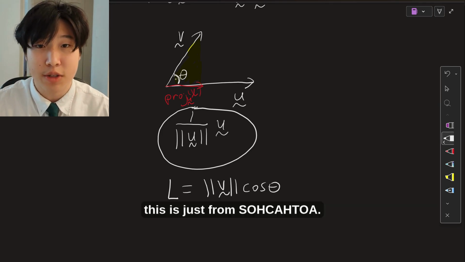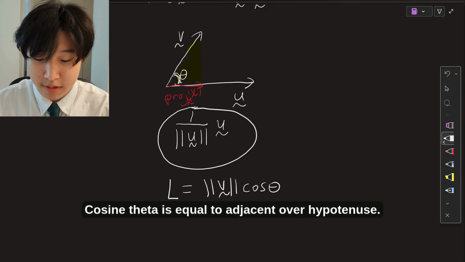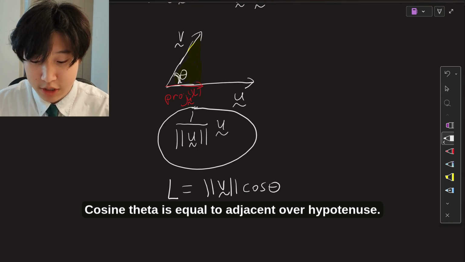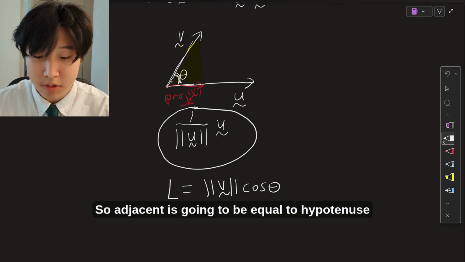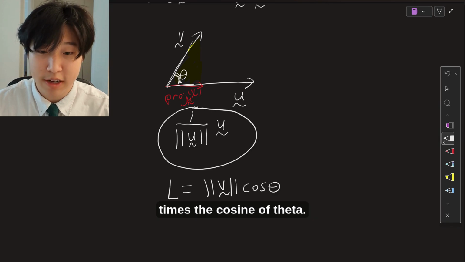This is just from SOHCAHTOA. Cosine theta is equal to adjacent over hypotenuse, so adjacent is equal to hypotenuse times the cosine of theta.